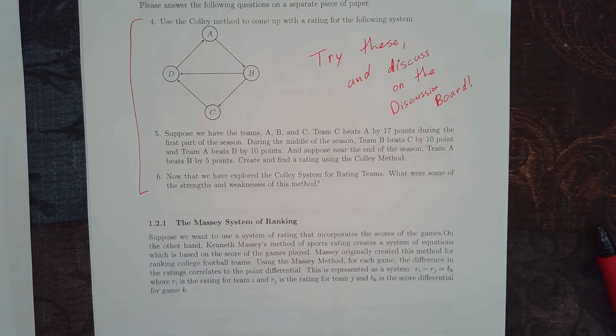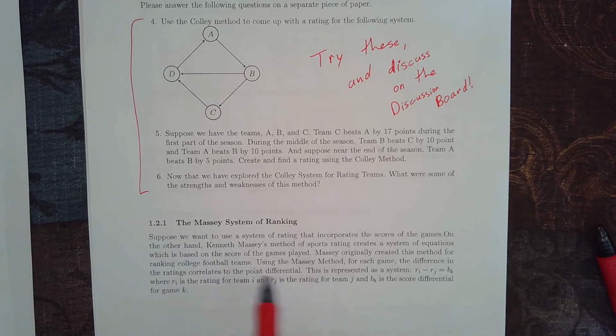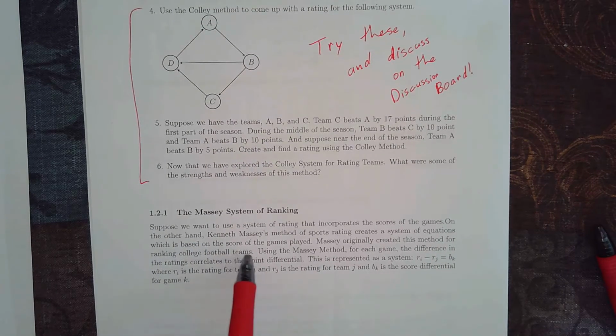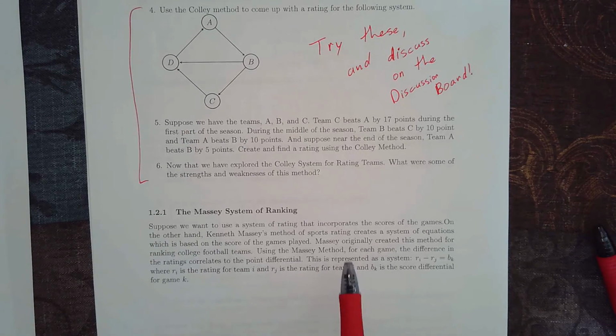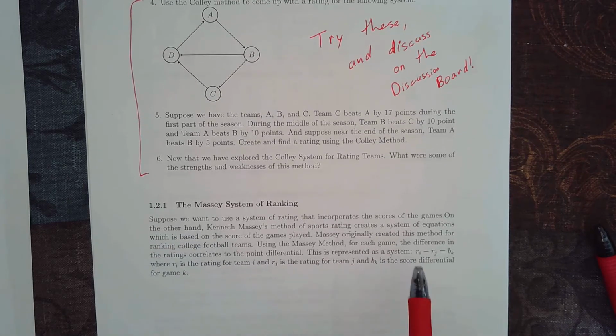So the Massey method was created by Kenneth Massey, and it creates a system of equations using the score of the games played. And so how the equations work for the Massey method is that the difference in ratings is going to correlate to the point differential. So here it's represented by Ri minus Rj equals B sub k.